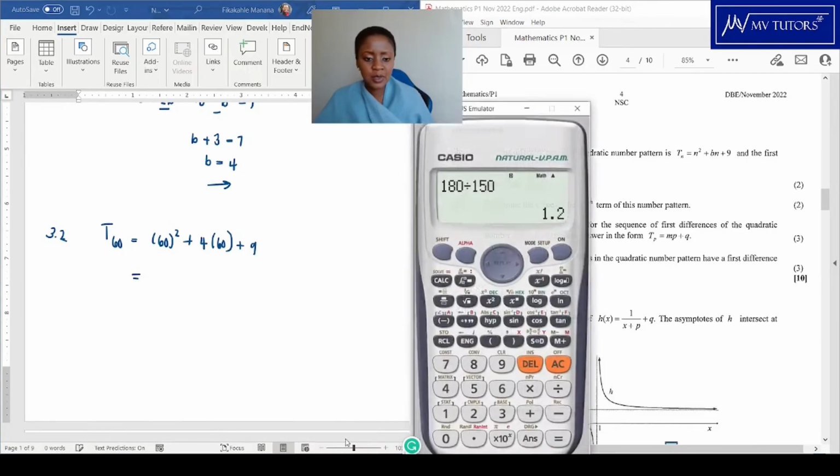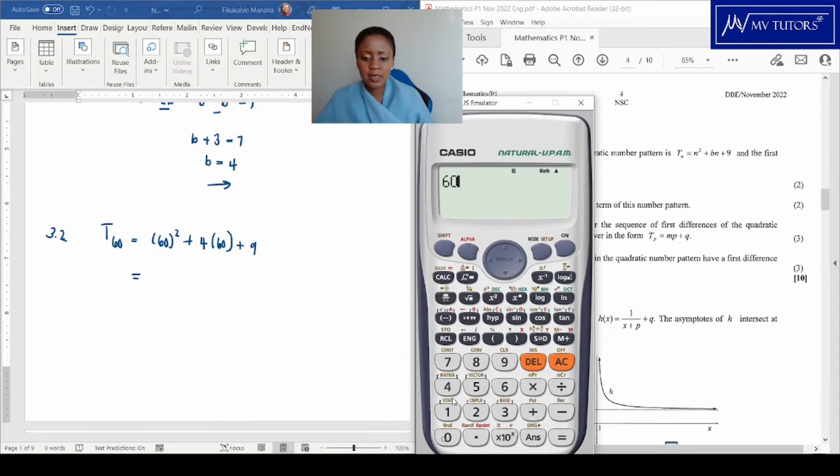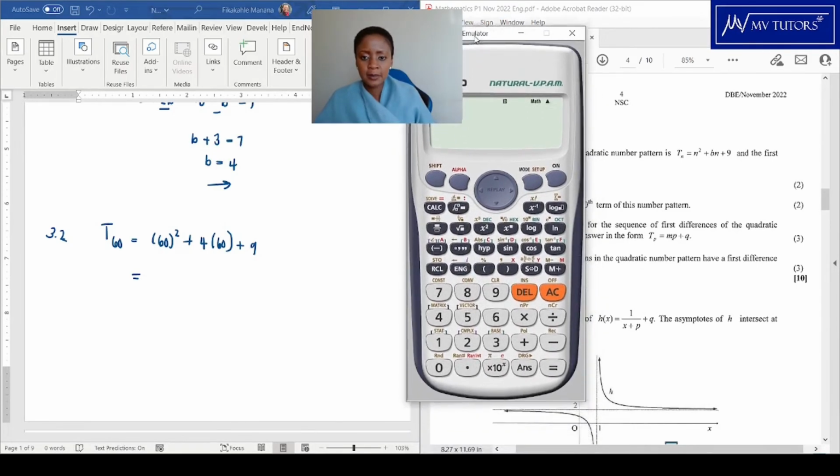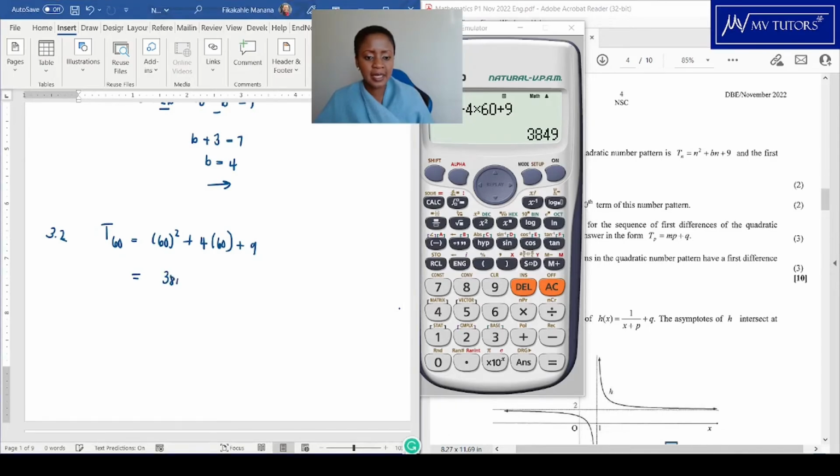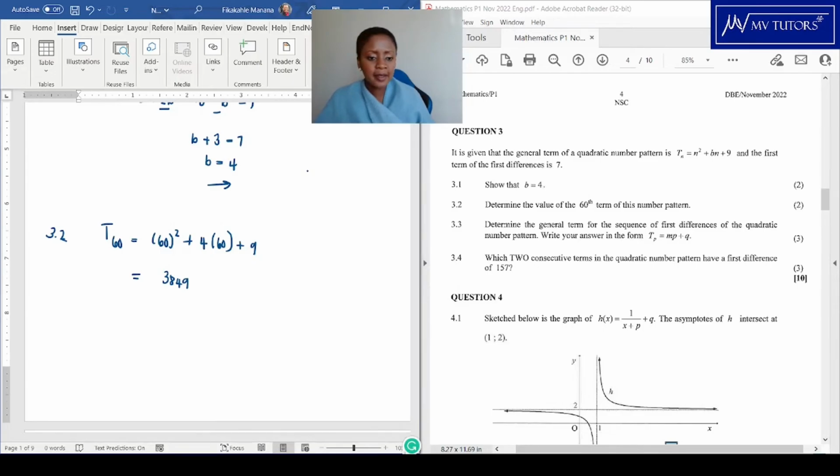It's a nice 2 marks that you're getting there. So 60 squared plus 4 times 60 plus 9, and that is 3,849.